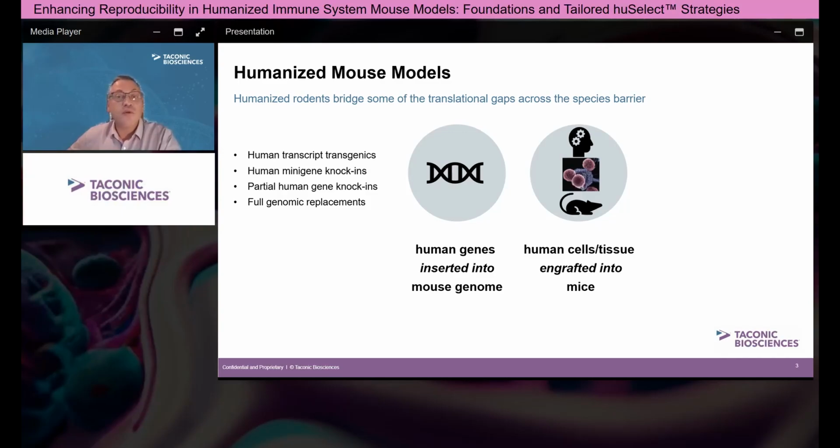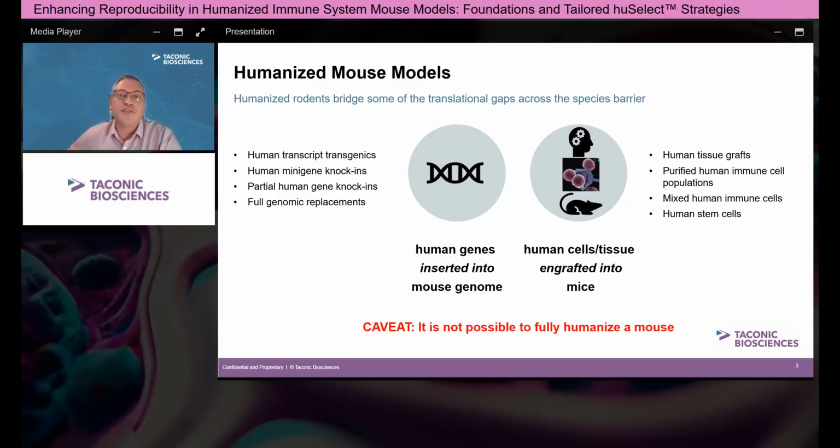On the other hand, you can also humanize mice by engrafting them with a combination of human cells or human cells and human transgenes as well. So this could look like human tissue grafts, engraftments of various human immune cell populations, or stem cells. Today I will be focusing specifically on human immune cell engraftment, otherwise known as humanized immune system or HIS mice.